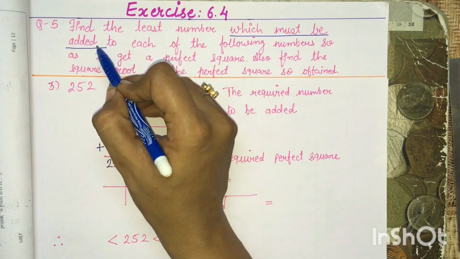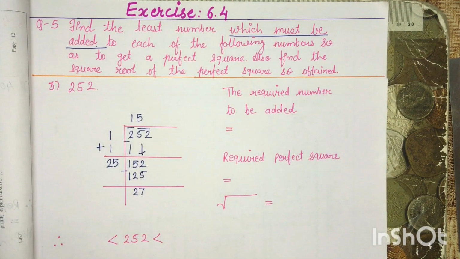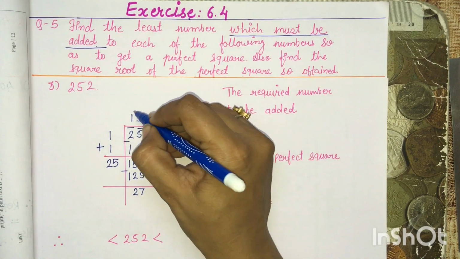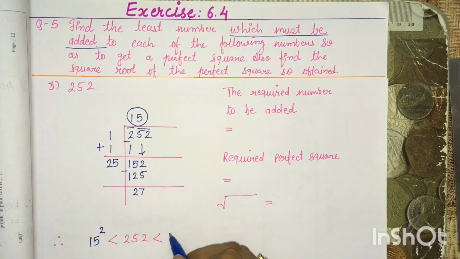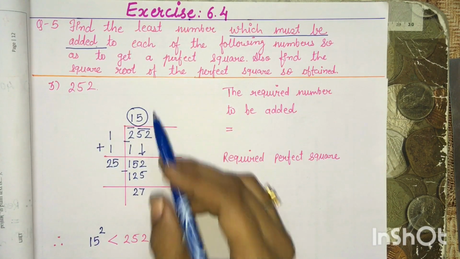Now here we have to find the number to be added. So when we have to find the number to be added, we will focus on the quotient part. Okay, so next is what you have to do. You will write like this: the number 252 is greater than the square of our quotient, that is 15 square, and the number 252 is smaller than the square of 16, that is the next consecutive number to the quotient.